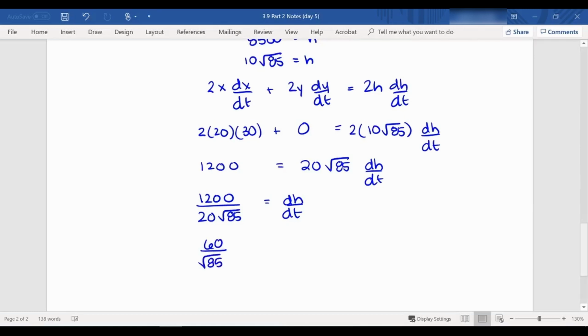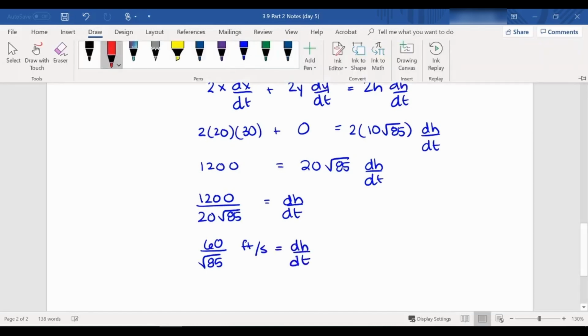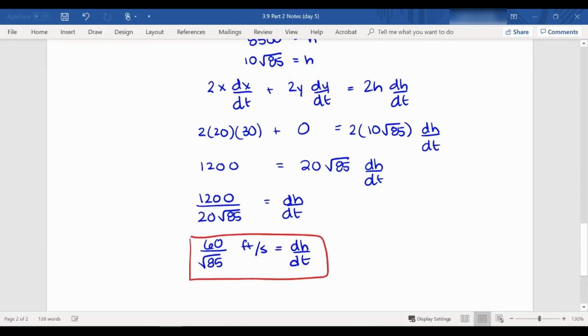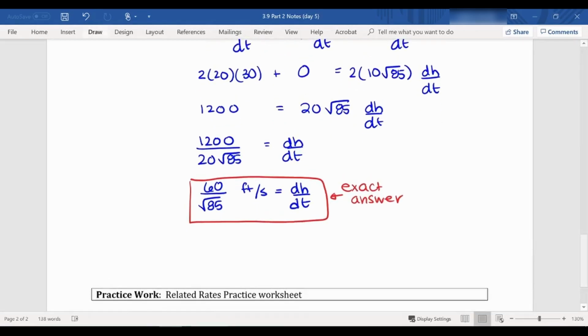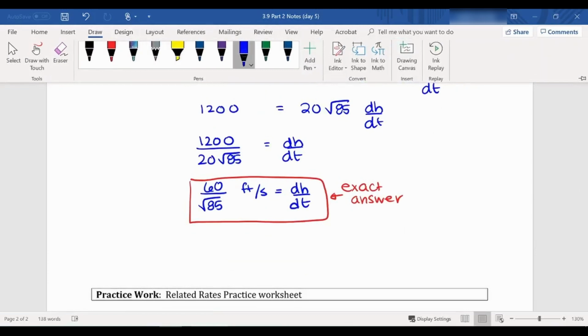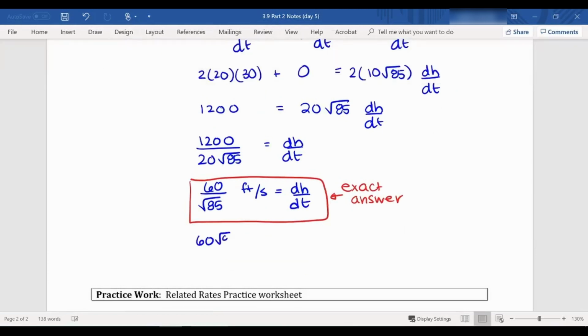And again, if we look at the units in the question, it's a distance in feet, and he's running in feet per second, so the distance changing would be feet per second. Again, you can leave your answer like this if you'd like. This would be an exact answer. Okay. You could also rationalize. So if I rationalize this, I get 60 root 85 over 85.